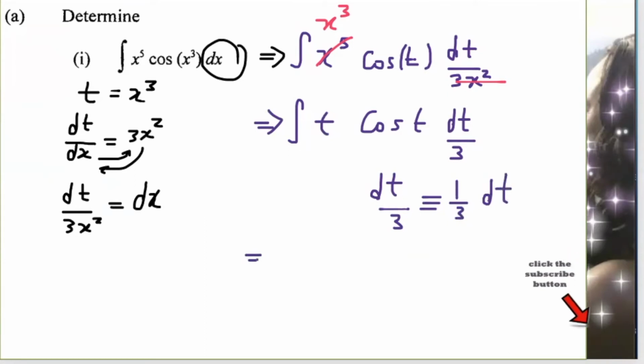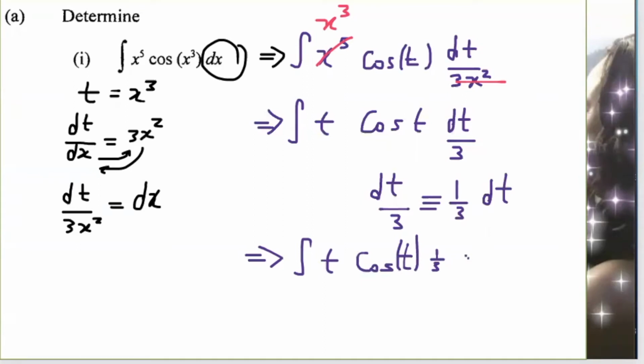So that means here I can rewrite this as the integral of t cos t times 1/3 dt, and I'll put this in my brackets, so the cos t together and then times 1/3 dt. Now I'm going to carry the 1/3. Once you have a constant, you can carry it in front of the integral sign.